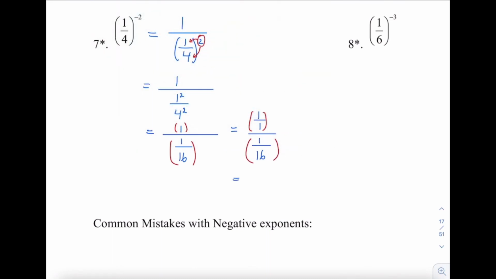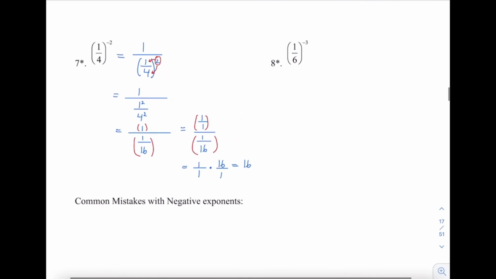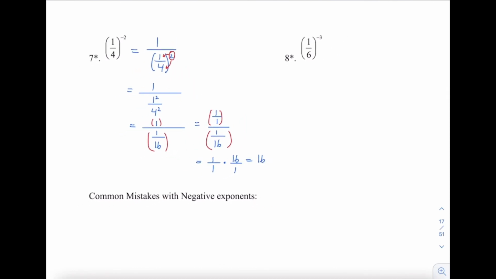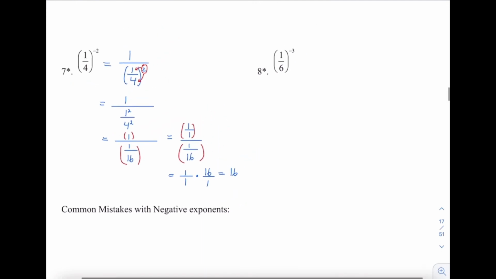All right, and then to simplify this, we multiply by the reciprocal of the denominator, and we get 16 here. Okay, for the next one, and what you might notice actually is that I'm basically just flipping the fraction around. So if I look at this, actually, we'll save that for next time.